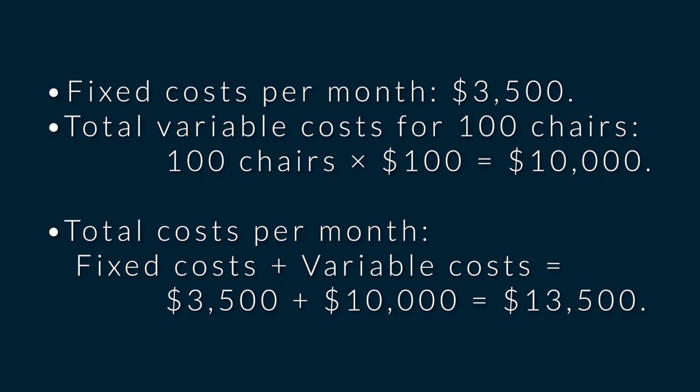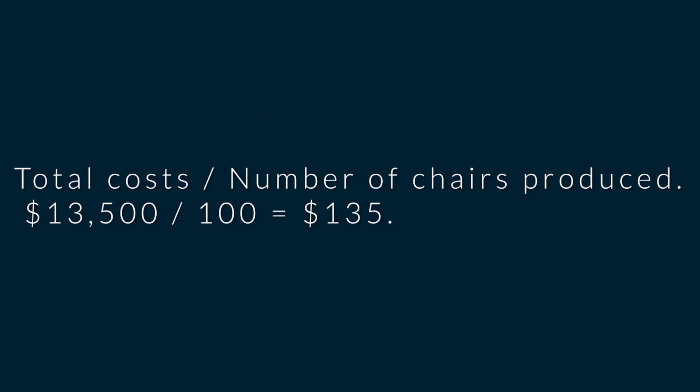If that is the total cost, then we need the total cost per chair, so we take 13,500 divided by 100, and we have 135. That is our cost per chair. Each chair will cost us 135. Remember, total fixed cost plus total variable cost divided by the number of chairs we are making.